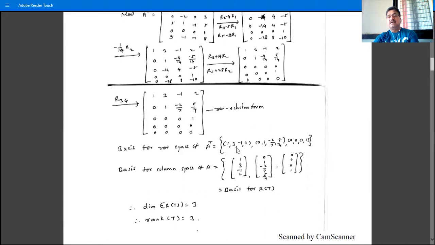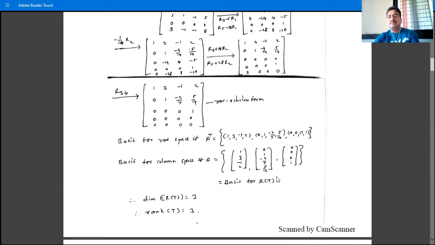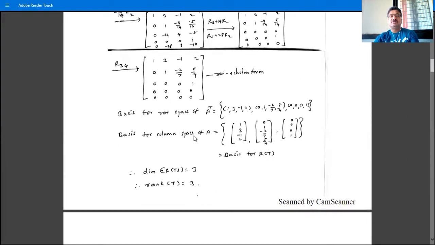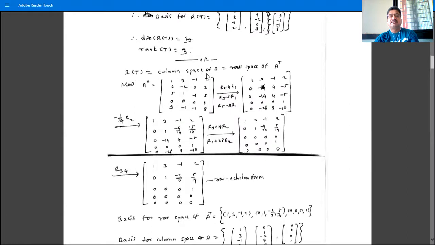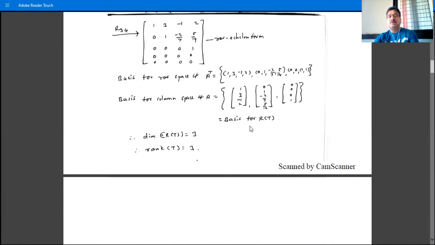That is, everyone has 3 vectors in the basis of the row space of A transpose. The basis of the row space of A transpose is nothing but the column space of A, and therefore the basis for the column space of A is just these vectors written as column vectors. So this is the basis for RT, because the basis of the column space of A and RT are both the same.